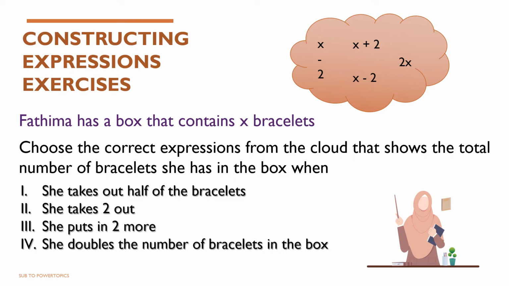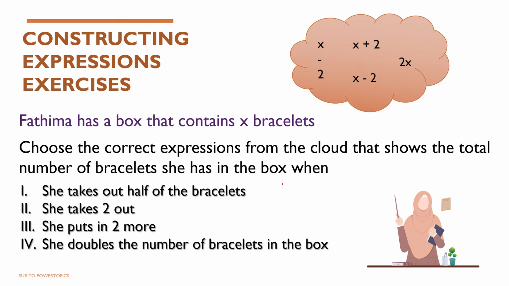Let's do some exercises on constructing expressions. Fatima has a box that contains X amount of bracelets, so we don't know what the value of X is. Now we have to choose the correct expressions from the cloud here that show the total number of bracelets she has in the box when, number 1, she takes out half of the bracelets.